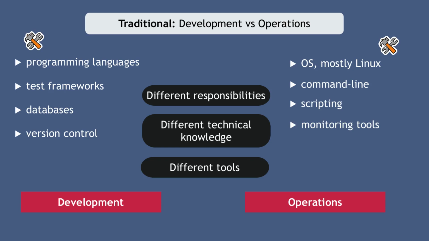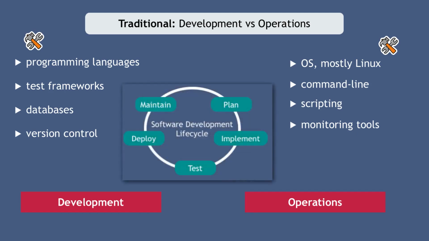So completely different tool sets, which means that these two jobs or areas of responsibility that are part of the same process of software development delivery, so to say, have completely different competencies, skills, and know-how.